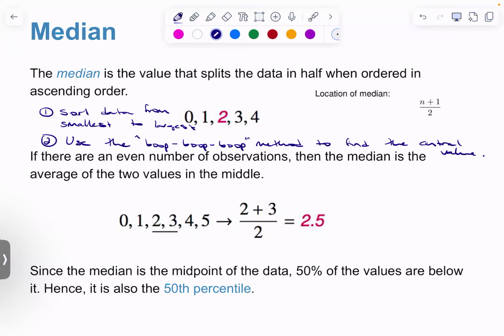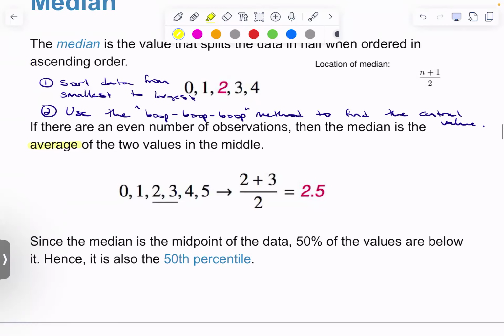Sometimes you land on a value, then that will be your median. But if there are an even number of observations, then the median is the average of the 2 values in the middle. Kind of confusing to incorporate the average when we're talking about the median, which we know is different from the average, right? But we just take the average of those 2 values.